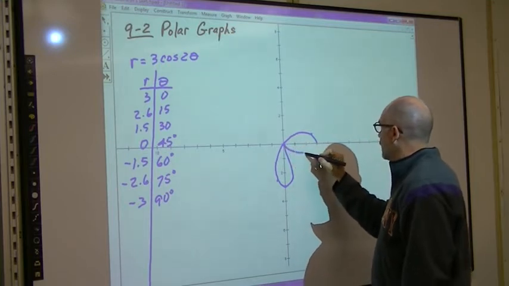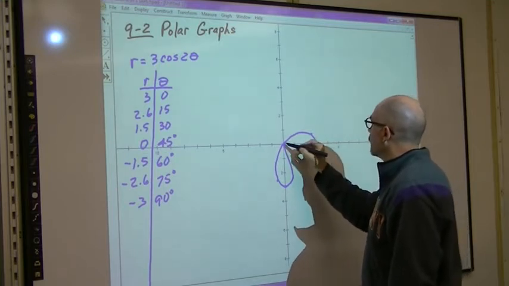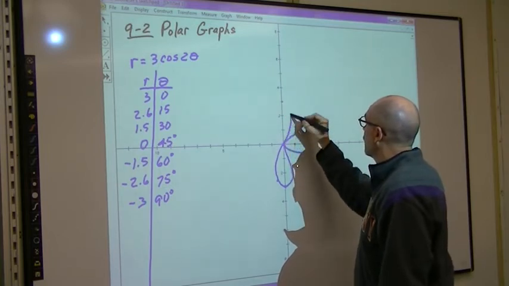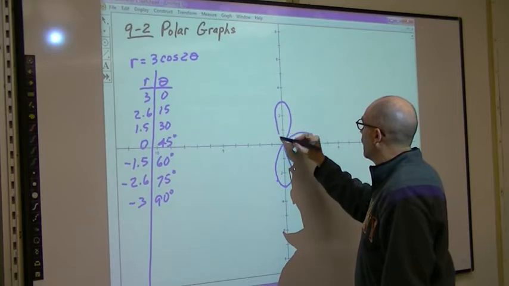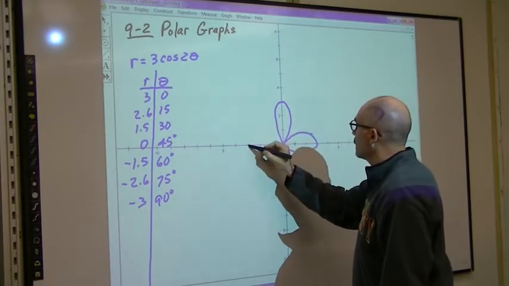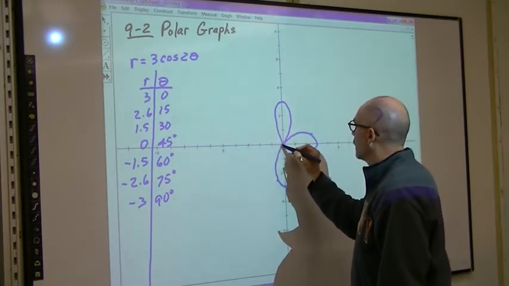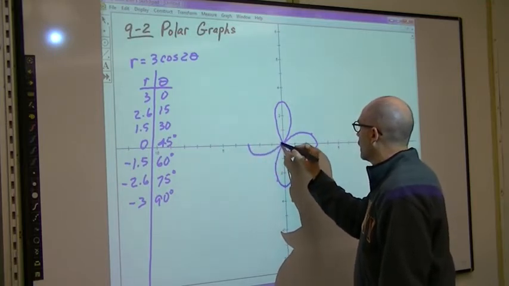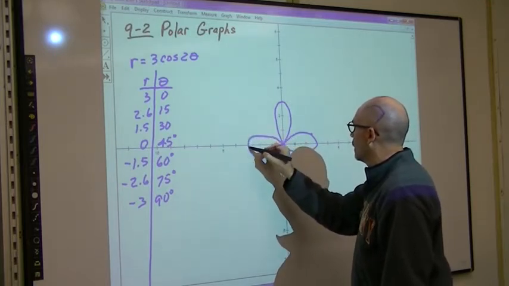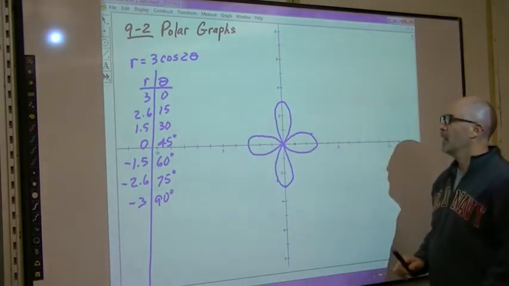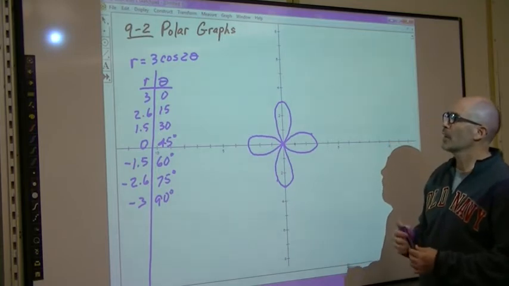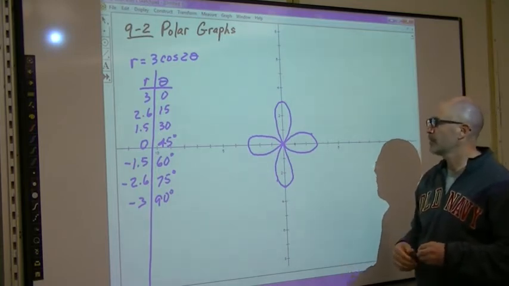Then it's going to go like this. Then it's going to go like this. Then it's going to go like this. So this is our full curve, r equals 3 cosine 2 theta.